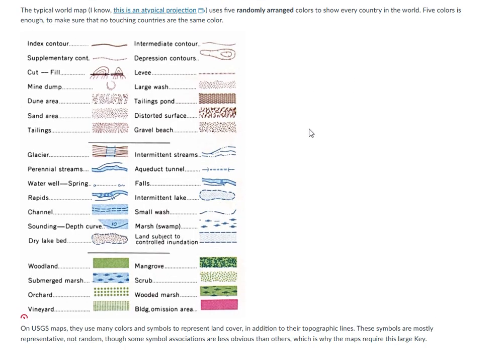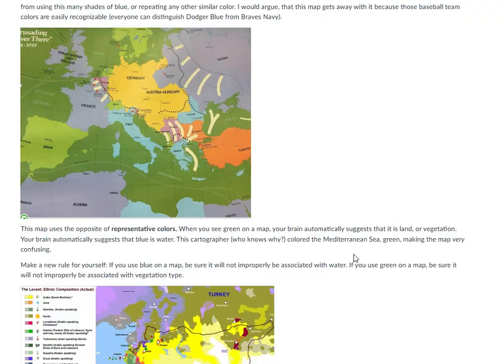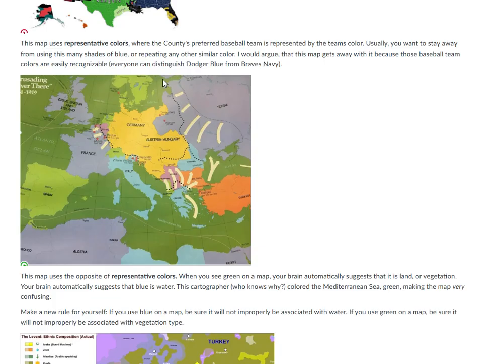These are representative symbols, where some are hard to figure out, but you can figure out the streams. The water's blue, woodlands are green, things planted in rows is a farm. This map is an example of randomly assigned colors that kind of look like representative colors.